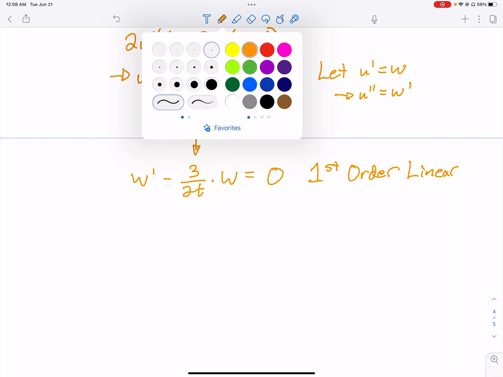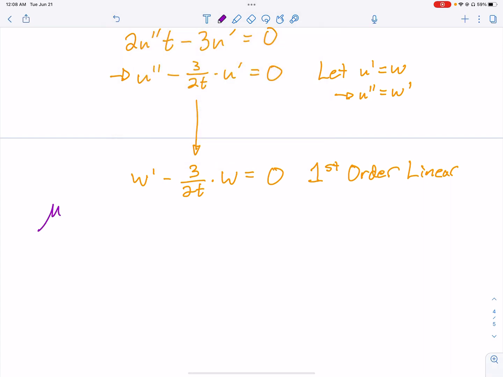Okay, so if it's first order linear, that means I need a mu. That's my integrating factor. That's e to the integral of the coefficient of w. So this is going to be a negative 3 over 2, integral of 1 over t dt, right?